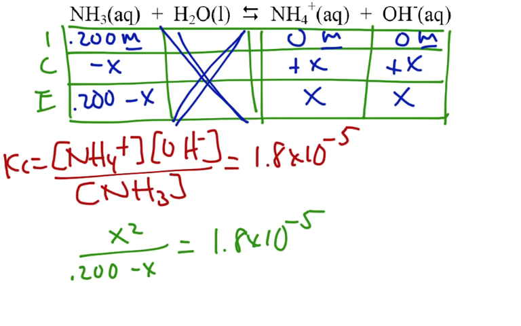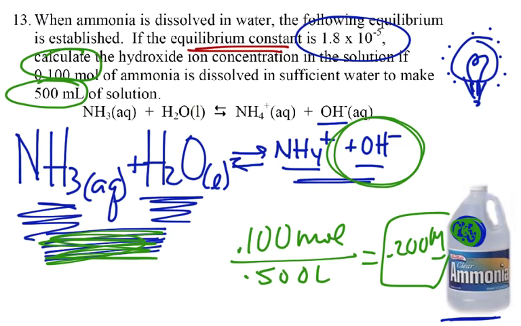And you can see this is going to turn into a quadratic equation. I'm going to have x squared, I'm going to have x, and there's one little thing we can do about that. And that is, we're saying that x amount of this chemical dissociates, breaks up into ions.